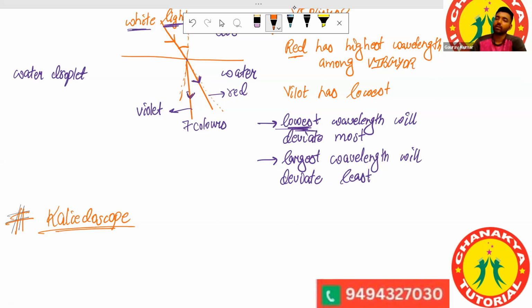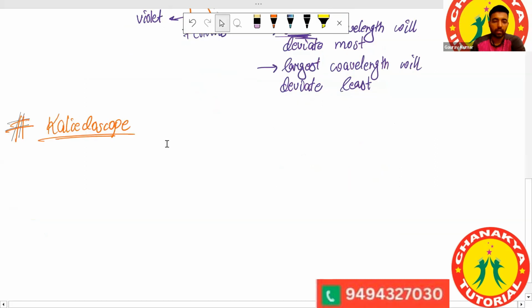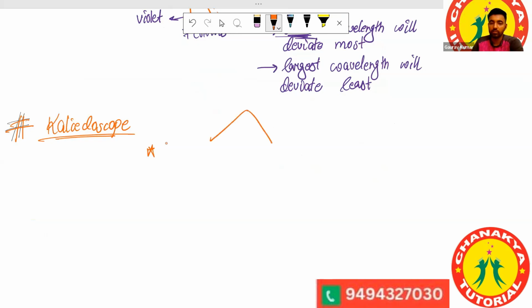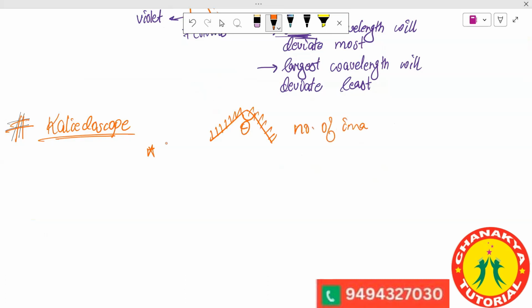Right, and there was one formula we were discussing last class, which Ashwath and Karthik told us: how many images are formed if two mirrors are inclined. If this is a mirror and this is the other mirror, inclined at an angle of 30 degrees, then the number of images is equal to 360 by theta minus 1.